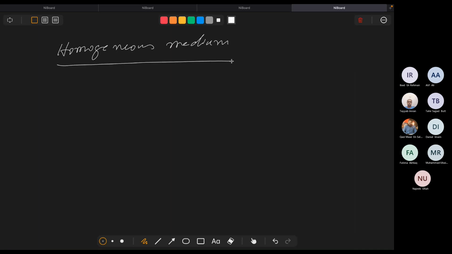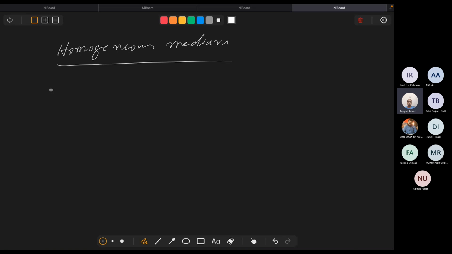Homogeneous medium क्या होता है? जिसमें आपकी जो परमेबिलिटी है, परमिटिविटी, दे आर कॉन्स्टेंट्स. ठीक है. And constant with respect to position and time as well. ठीक है.